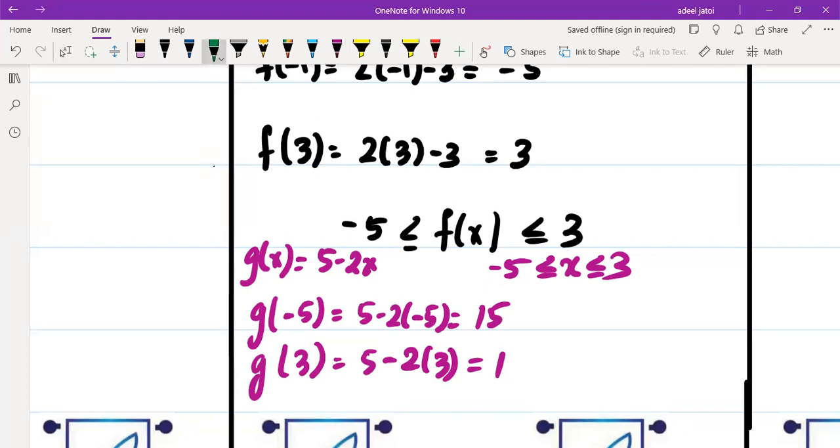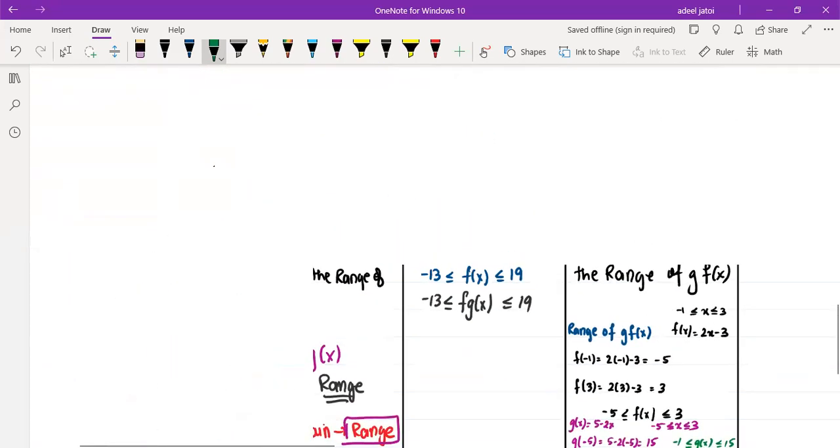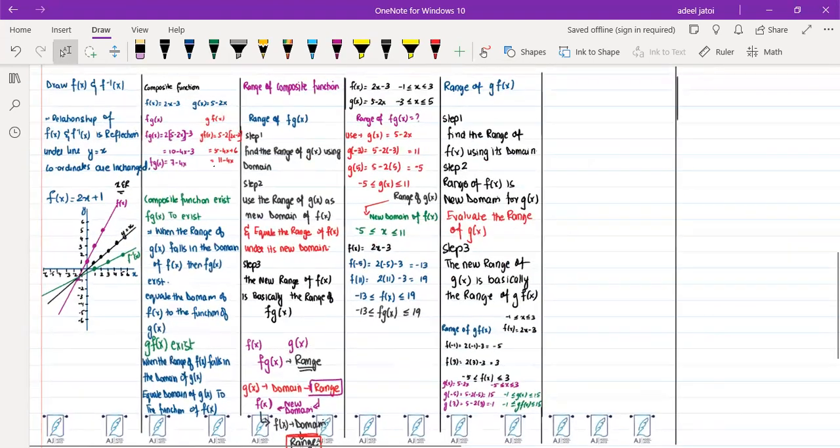So the g(x) range is minus 1 less than or equal to 15. So g(f(x)) will be the same, minus 1 less than or equal to 15. So this is the composite function range.